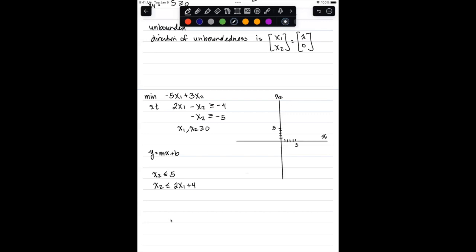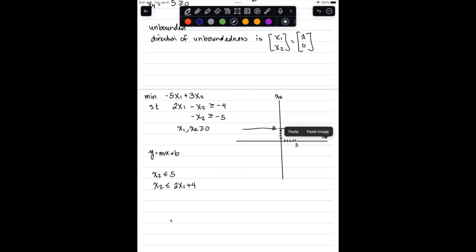All right, so our first constraint, x2 less than or equal to 5, will be right along here. And our second constraint, x2 less than or equal to 2x1 plus 4, we'll have to graph that. So when x1 is 0, x2 is 4, 1, 2, 3, 4.